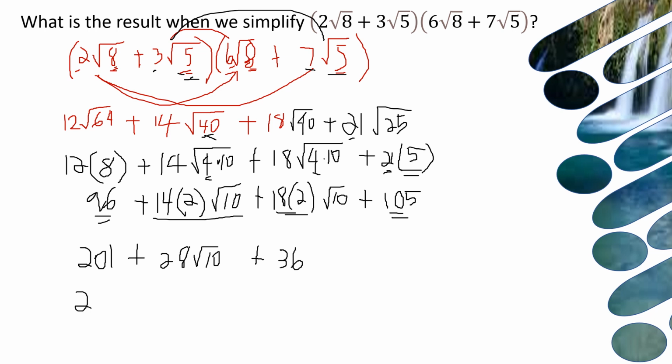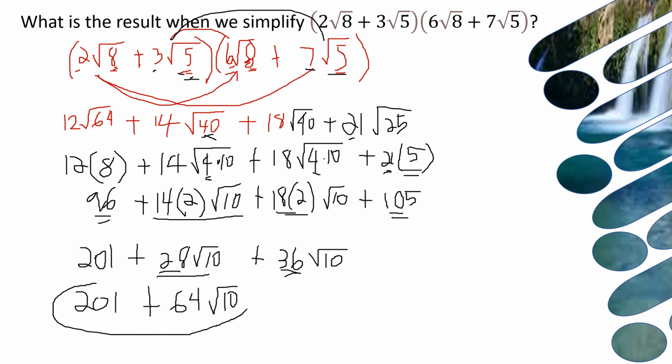So we rewrite 201 plus, now since 28 square root of 10 and 36 square root of 10 are similar, you just have to add the numerical coefficients 28 and 36, which is 64. Then just attach the common radical, the square root of 10.